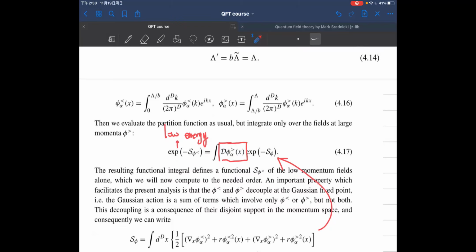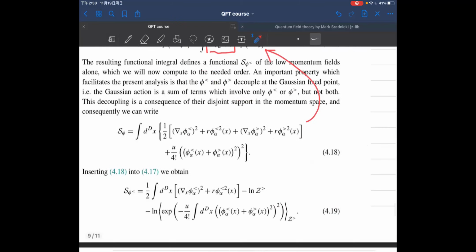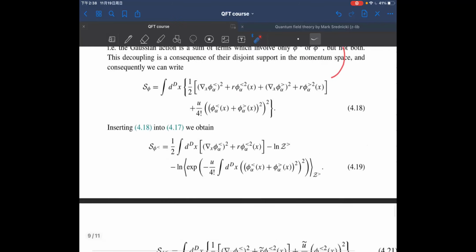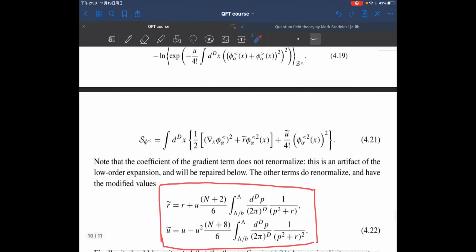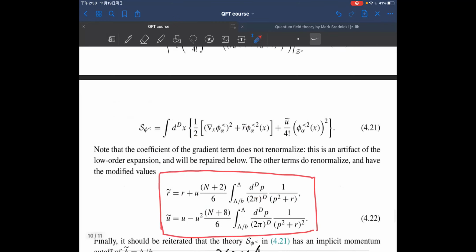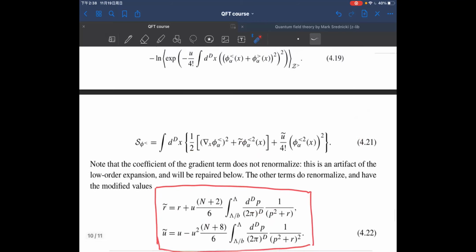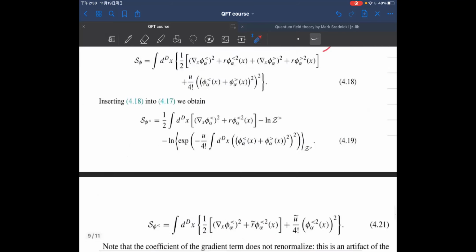This is the key point. And finally, you need to drop other correlations, because these coefficients will be suppressed during the RG process. Okay, this is what we want to see.